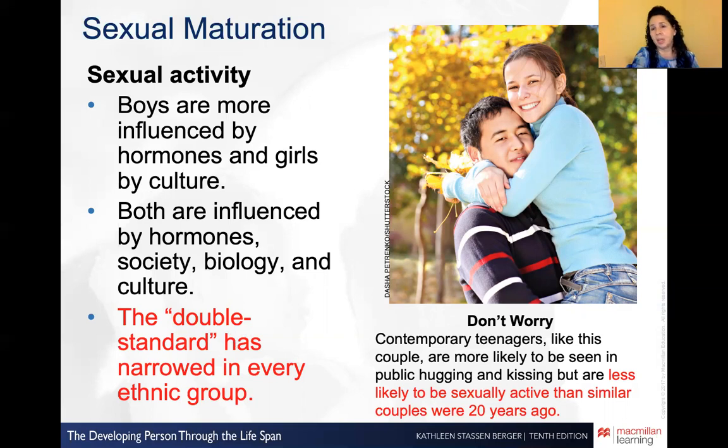But here's the good thing, a couple of things that are maybe positive in some way. The double standard has narrowed in every ethnic group. So what's the double standard? If you had a teenage son and a teenage daughter, you would say to your son, hey son, you going out this weekend? You gonna get some? You knocking that girl up?